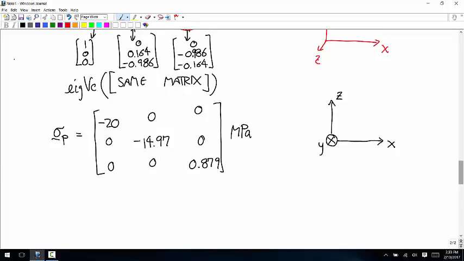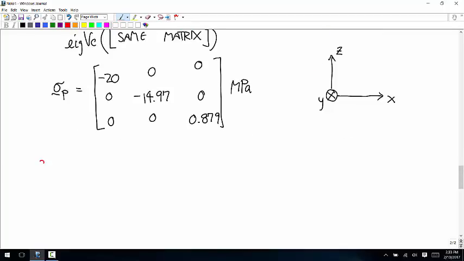And then the strain. Part D is to calculate the strain in that new coordinate system. So the strain is just equal to that same original compliance matrix times the principal stress in Voigt form.